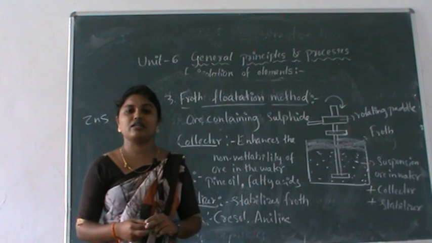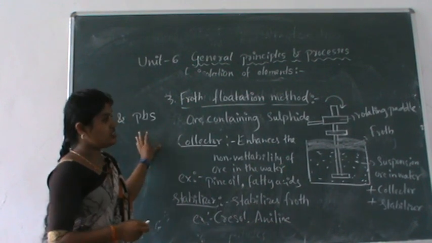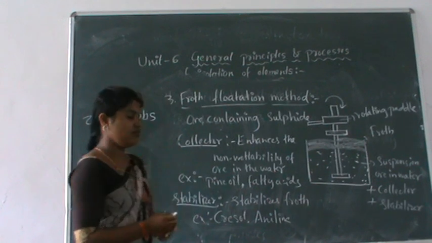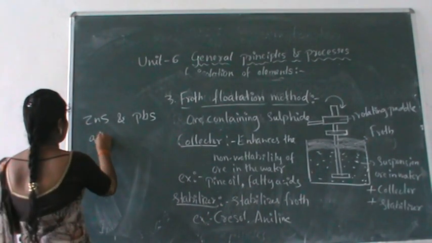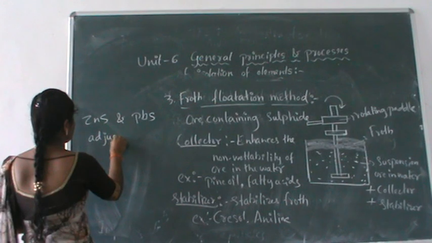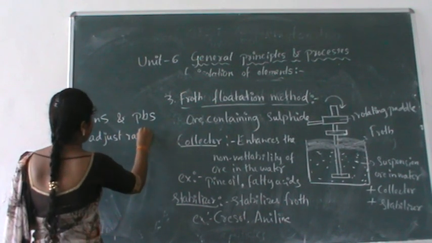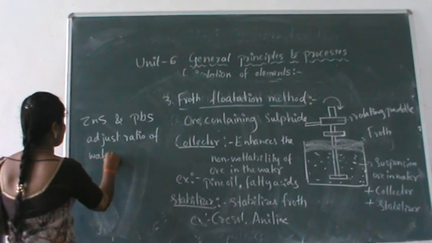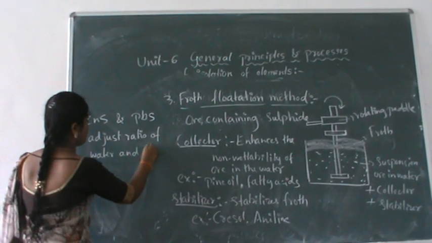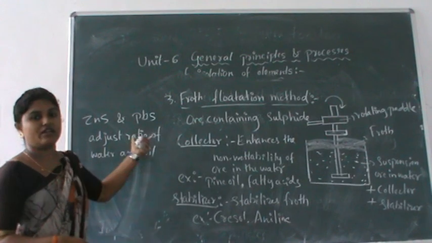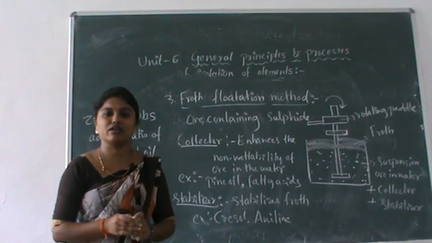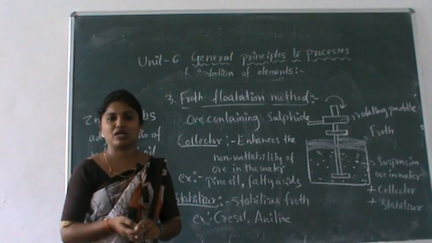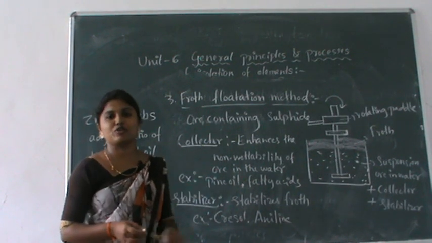ಅವಾಗ ಏನ್ ಮಾಡ್ಬೇಕು ಅಂತ ಹೇಳಿದ್ರೆ, we will adjust the ratio of water and oil. ಆಯಿಲ್ ಜೊತೆ ವಾಟರ್ ಅನ್ನ ರೇಷಿಯೋ ಅನ್ನು ಅಡ್ಜಸ್ಟ್ ಮಾಡಿ ನಾವು ಮಾಡ್ತೇವೆ. ಯಾವುದಾದ್ರೂ ಒಂದು ಮೆಟಲ್ ಅನ್ನ ಅಥವಾ ಒಂದು ಓರ್ ಅನ್ನ ಸಪರೇಟ್ ಮಾಡಬೇಕು by using froth flotation process.